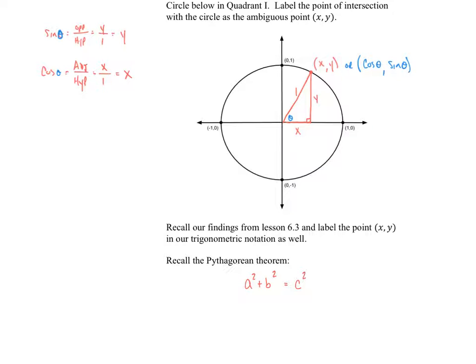So let's take this Pythagorean theorem and apply that to the triangle we have in front of us. This is a right triangle, so we would be able to use the Pythagorean theorem if we wanted to. In this case, my shorter side maybe we'll say is x. My longer side we'll say is y. Nice thing is I know that my hypotenuse is 1, so this is in our triangle.